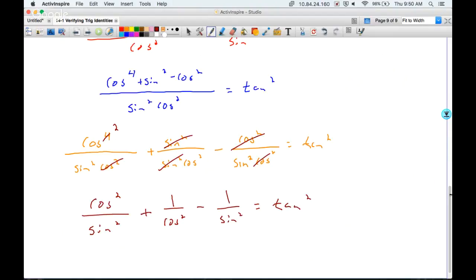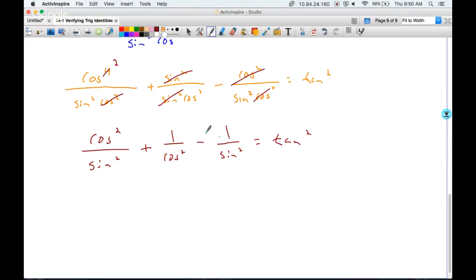I think I made that easier. I mean, that's a cotangent squared. And this, if I can get this to look like secant squared minus 1, then I'll be in good shape.